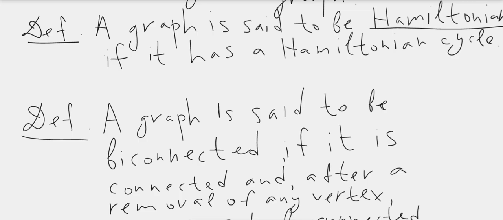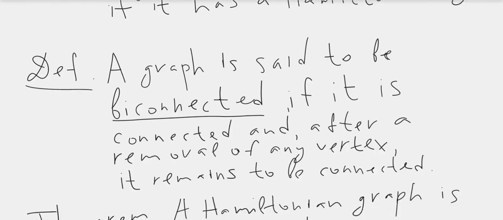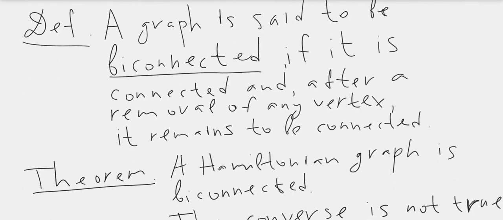A graph is said to be biconnected if it is connected and if removing any of the vertices still doesn't violate its connectedness.